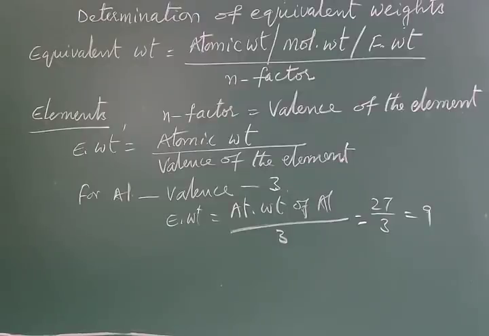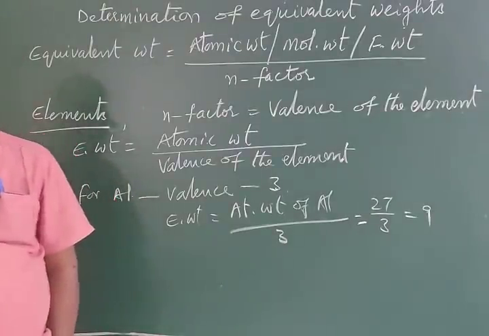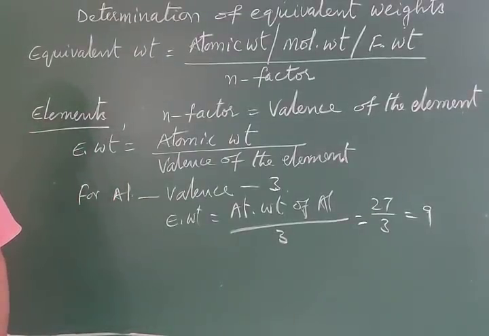Equivalent weight of carbon. In most of the carbon compounds, the valence of carbon is 4. So, in the carbon compounds, the equivalent weight will be 1/4 of the atomic weight. Atomic weight of carbon is 12. 1/4 of 12 is 3.